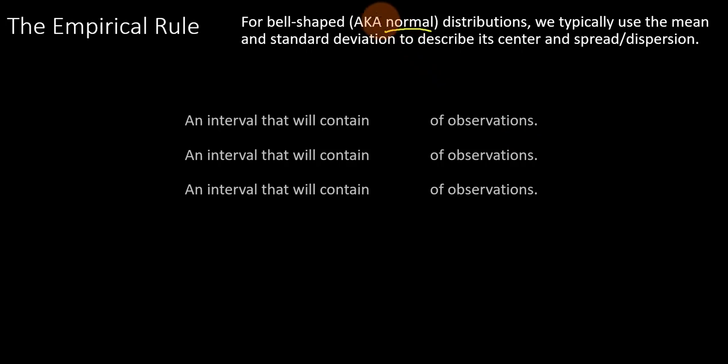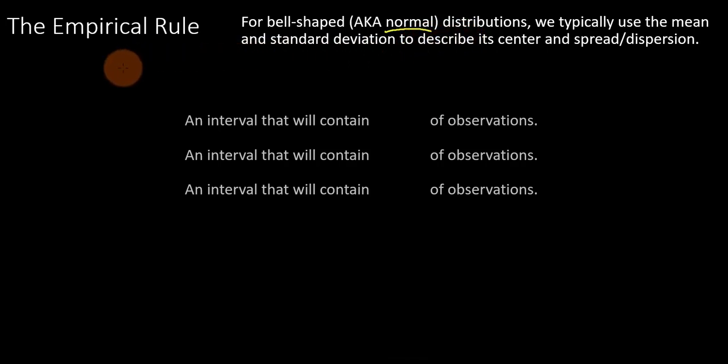And working with bell-shaped or normal distributions is such a building block in statistics, has all sorts of applications in various analytical techniques. And it's also a naturally occurring phenomenon, which I will show you in a moment.